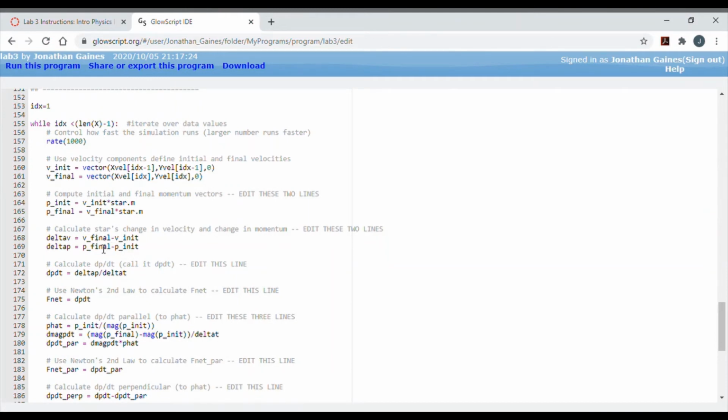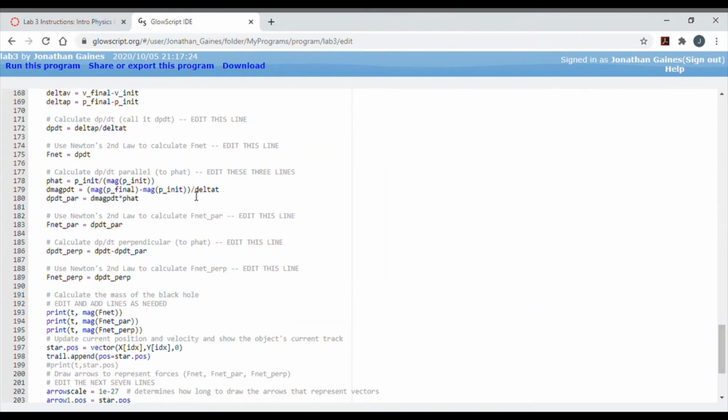The velocity final and velocity initial are used to calculate momentum final and momentum initial, and then we can find the change in momentum over the change of time, which is equal to the net force.